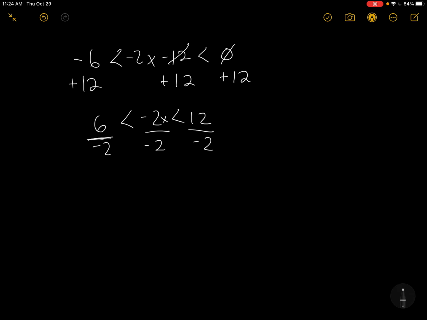This is where I'm dividing by a negative, right? So that means my signs are all going to flip. Oops, and I didn't flip it. So greater than -6 and -3.